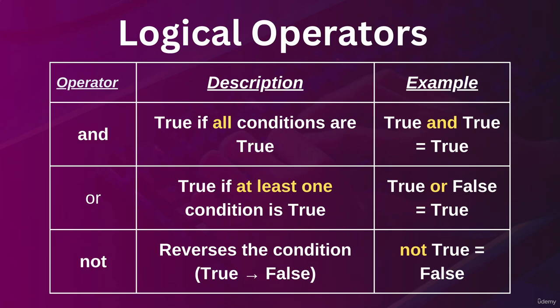So if you have multiple conditions and you are using the OR logical operator, OR is going to return true if just one of those conditions is true. And then we have the NOT logical operator. NOT reverses the condition. If you give NOT a true condition, it's going to turn it to false. If you give it a false condition, it's going to turn it to true.